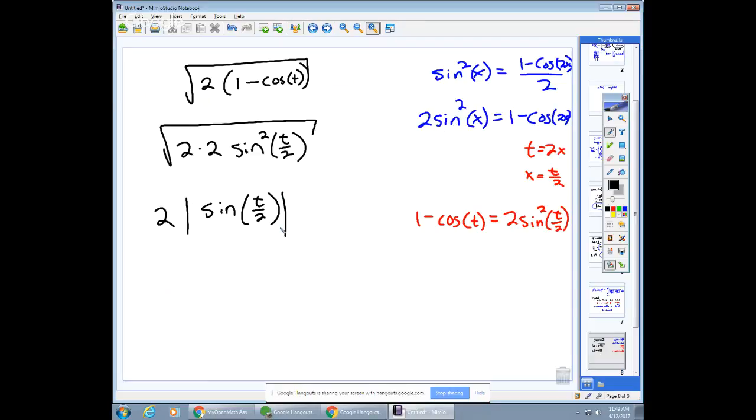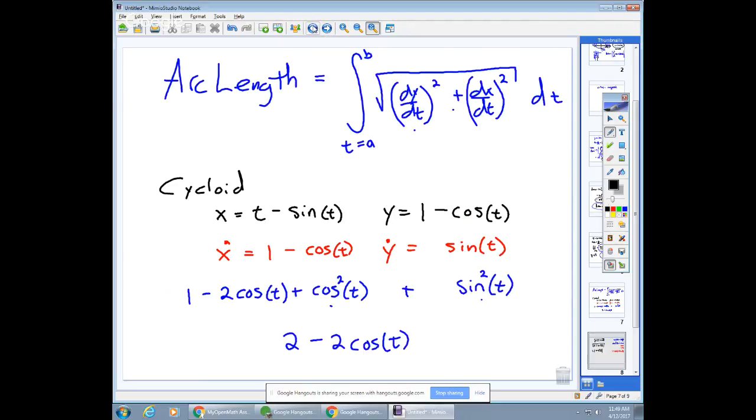Okay, so now we have to contemplate t over 2 for a minute. Did we establish bounds of integration for our cycloid? The cycloid is this shape, and it goes from 0 to 2 pi for t. It is symmetric due to the way it's made, so we could just go up to t equals pi, and we would just have to double that integral.